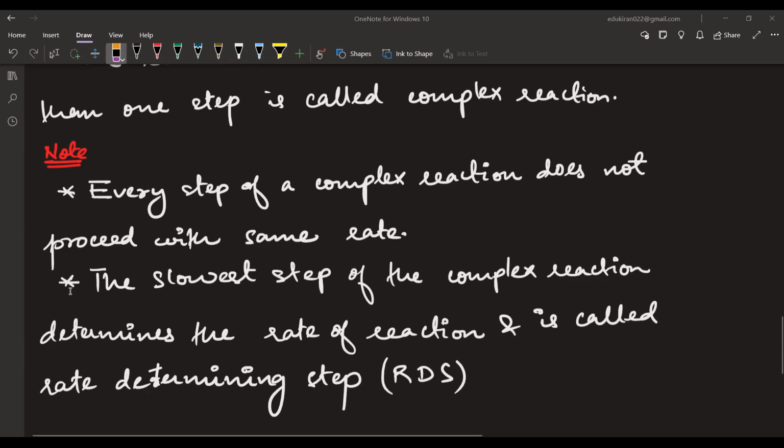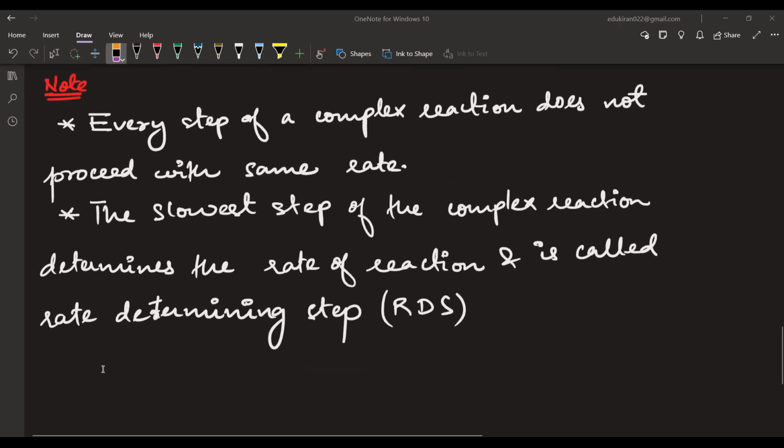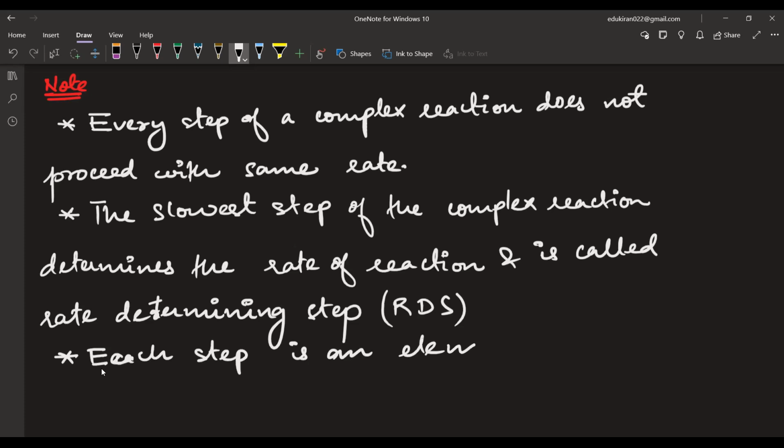Done, guys? Yes or no? Please tell me. Wrote both the points. Now, please write one more thing. Each step is an elementary step.